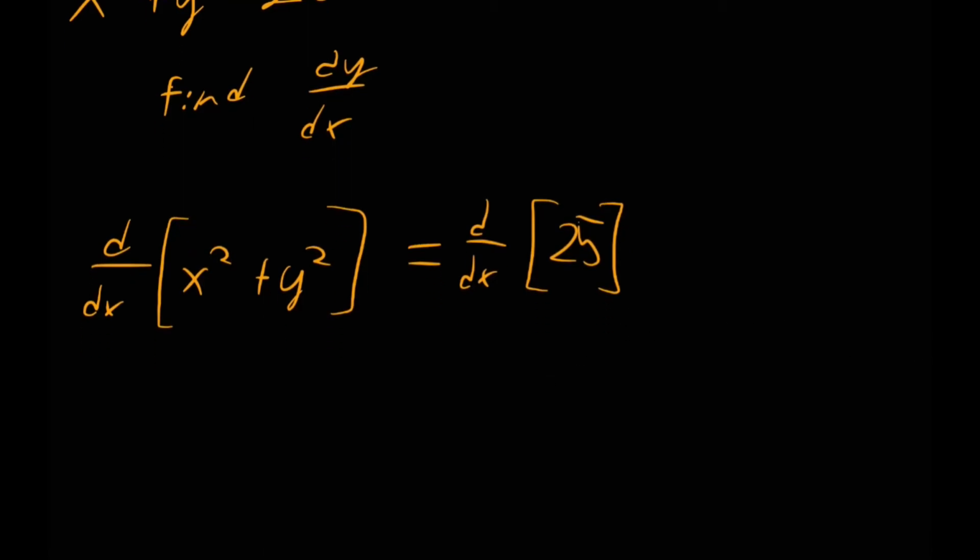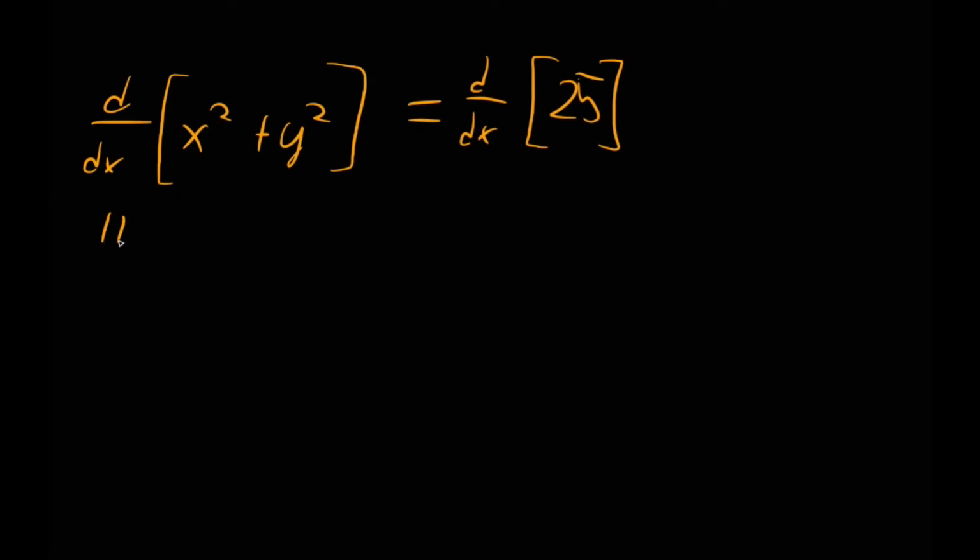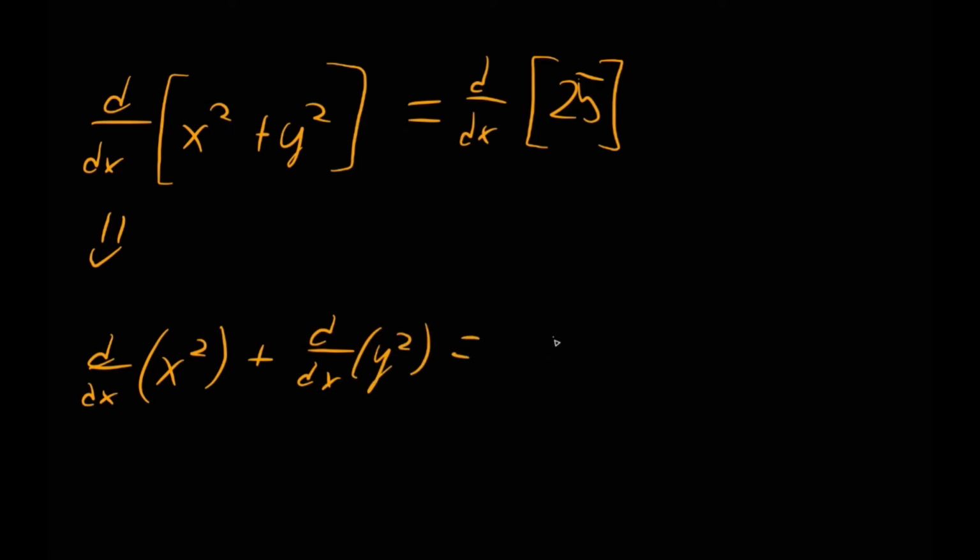Okay, so let's continue. If we bring this down now, we then have d/dx of x squared plus d/dx of y squared equals 0. Because remember, the derivative of a constant is just 0, right?